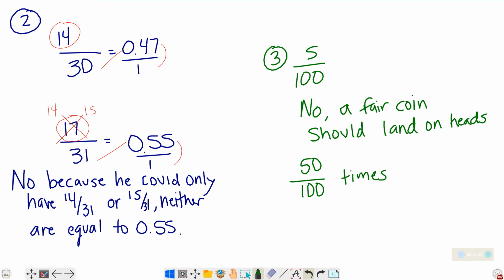So this is not a fair coin because this is only 5 out of 100 and not 50 out of 100. And you can put your explanation in your own words, or you can modify what I have here. You might even say that this is 0.05 and we expect this one to be 0.50. It's up to you how you phrase it.